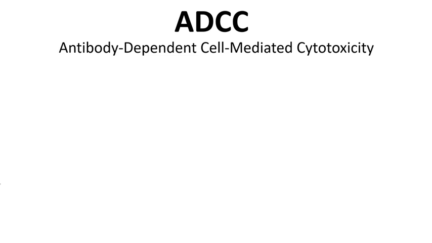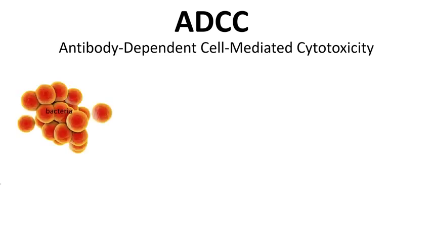Another important function of the antibody stem is to trigger ADCC, or antibody-dependent cell-mediated cytotoxicity. Pathogens, like these bacteria, trigger antibody production. The arms of the antibodies recognize the pathogens directly, and the stem or Fc portion serves as a kick-me sign, recruiting neutrophils, macrophages, and sentinel dendritic cells that have Fc receptors that recognize these stems, as we saw previously in phagocytosis.